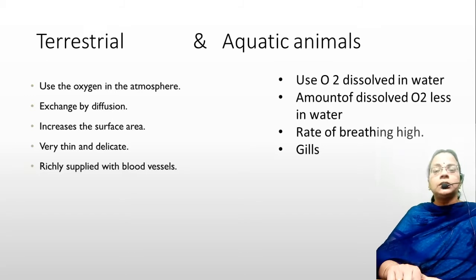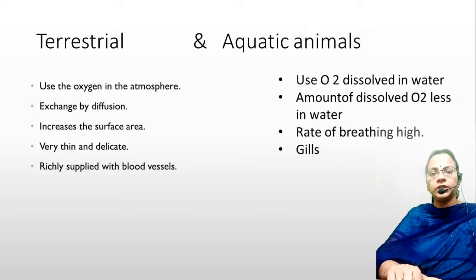Here the source of respiratory gas is mainly the oxygen dissolved in water. But when we compare the amount of oxygen with terrestrial atmospheric air, more oxygen is present in the atmosphere than in water. Water has less oxygen dissolved in it. To compensate for that, aquatic animals are adapted to increase the rate of breathing.